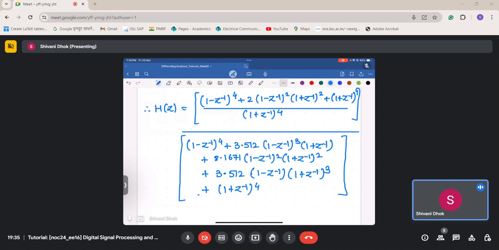And again, this whole thing is divided by 1 plus z inverse to the power 4. So these things get cancelled.